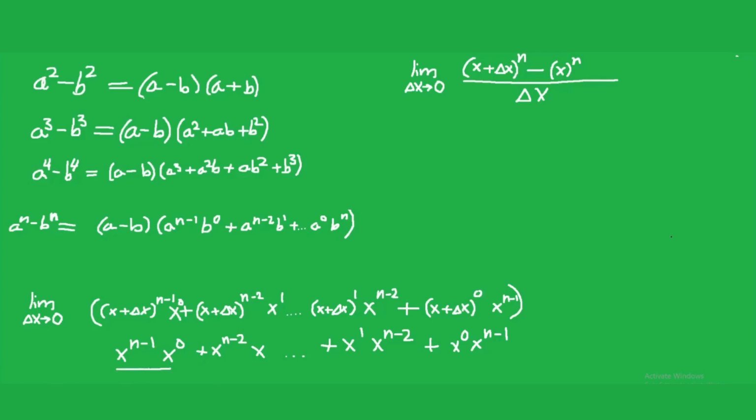When you multiply these together, it's x to the n minus 1 because this is just 1. X to the n minus 2 times x is x to the n minus 1. X times x to the n minus 2 is x to the n minus 1. X to the 0 times x to the n minus 1 is x to the n minus 1. How many x to the n minus 1s do we have? Well, we have n times x to the n minus 1 of these, right? That's how many we have. We have n of them. That is the power rule right there.